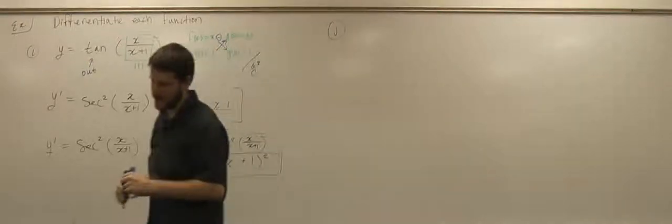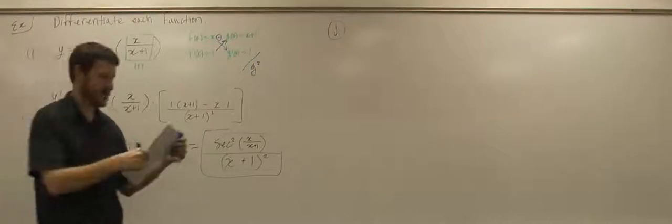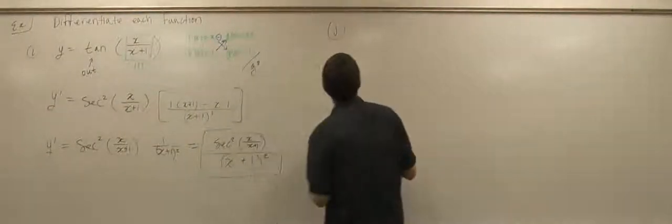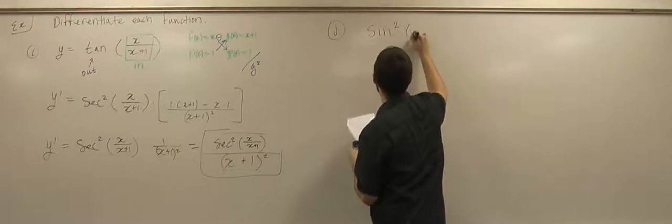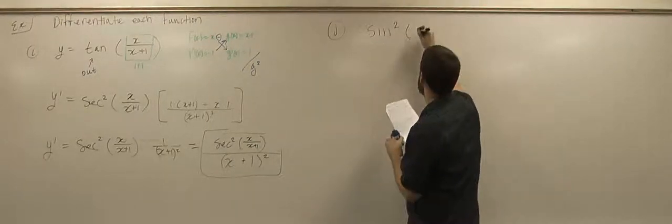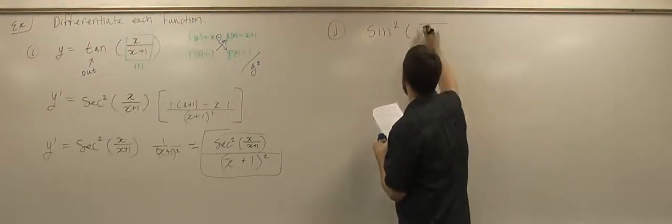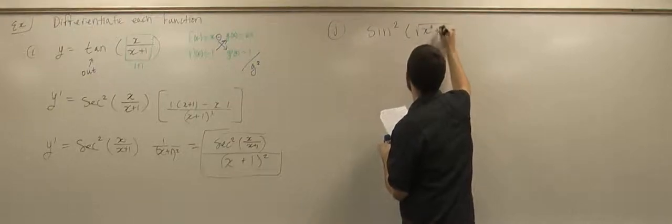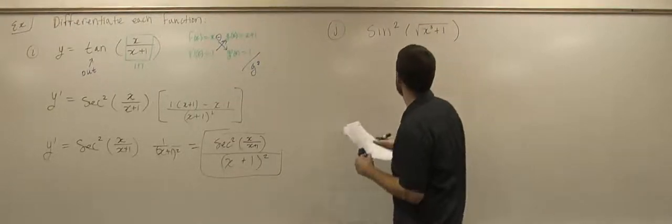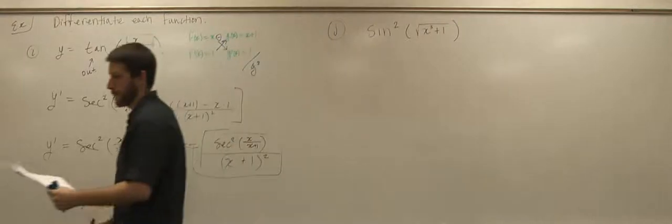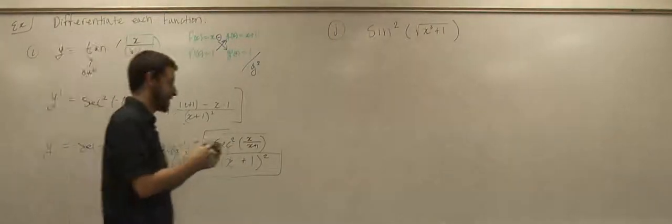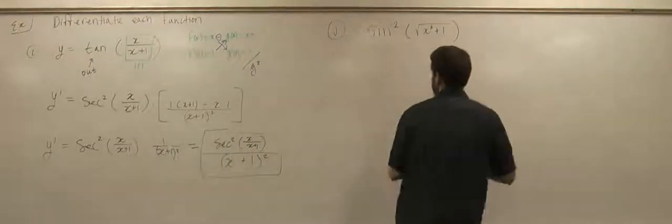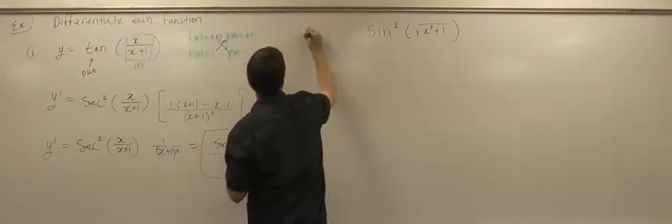Let's get to something else on here. So sine squared of the square root of x cubed plus 1. Since people were complaining that my examples were not difficult enough. So let's call this y.